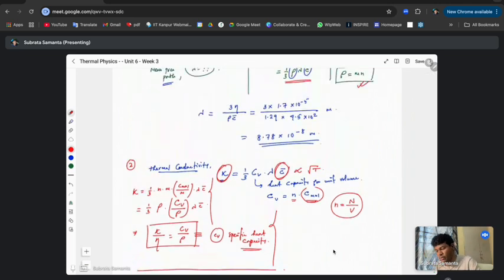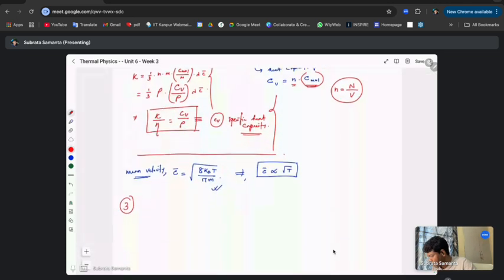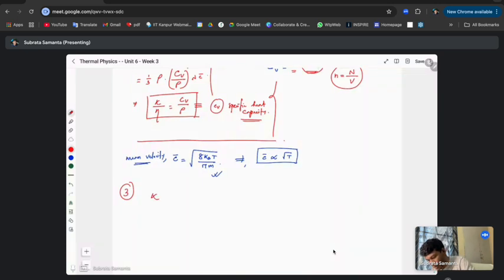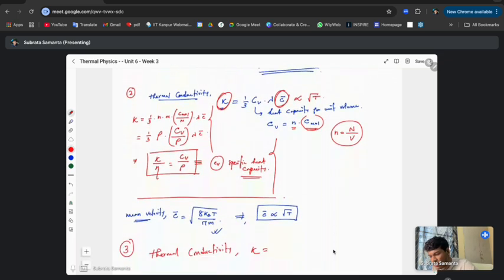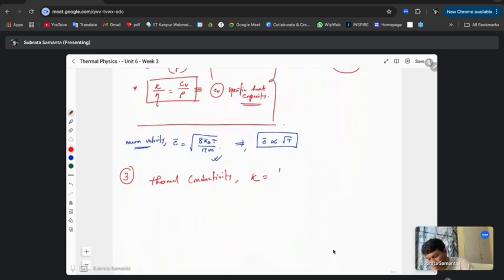The thermal conductivity kappa is 1/3 Cv lambda C average, right?